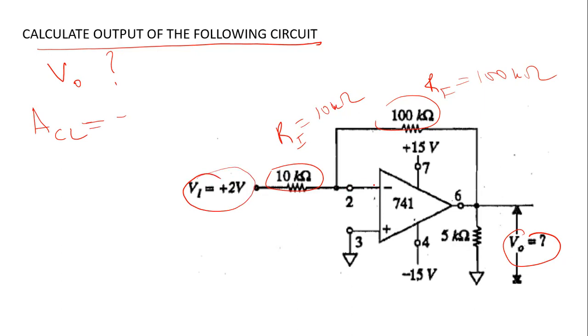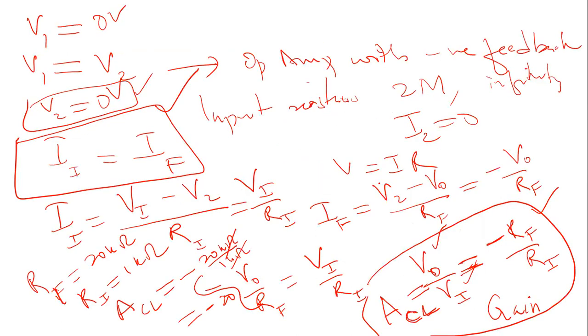So this is your inverting amplifier. From the previous calculation, we already see that the closed loop gain of an inverting amplifier is minus of RF upon RI.